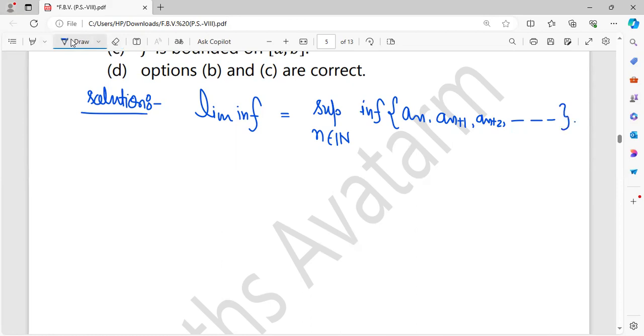Now this is given. Let's say this is L. L is finite. It is given.